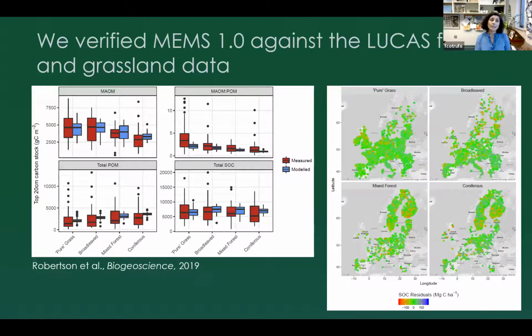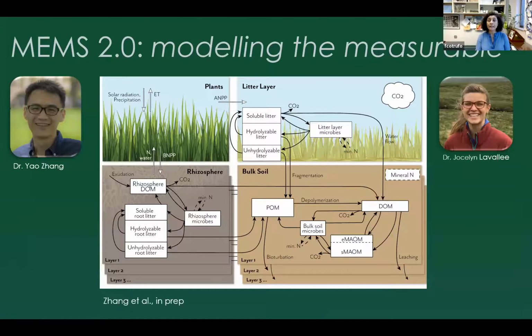However, this was just a soil carbon model. And of course, all of you know that if we want to project carbon responses, we have to link them to nitrogen, we have to link them to plants, microbes and so forth. And so Yao Zhang and Jocelyn Lavallee took over from MEMS 1 and actually built what we call the MEMS 2.0 model, which is a full ecosystem model.